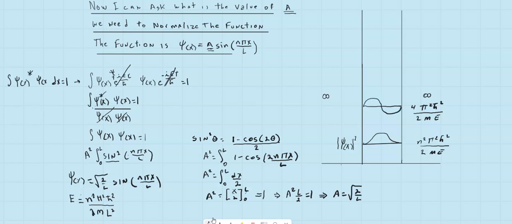My other will be 3, so that'll be 9 pi squared. Remember, it's integers, so 1, 2, 3, n is the value of that. h bar squared over 2m, it's L squared. This is L squared right here. This is the energy.